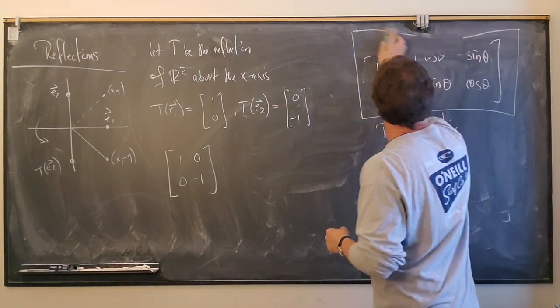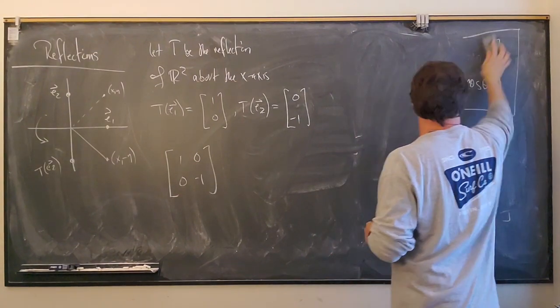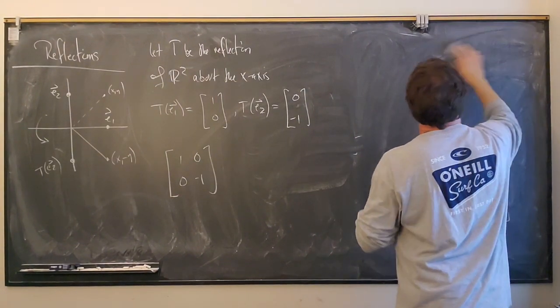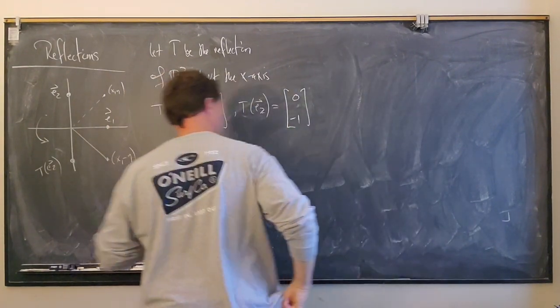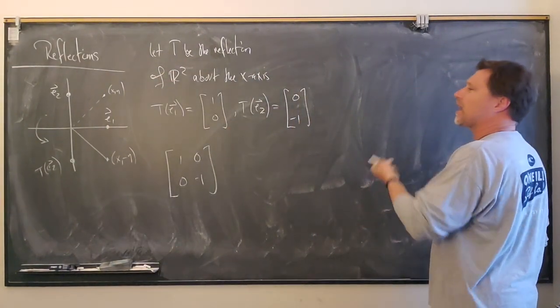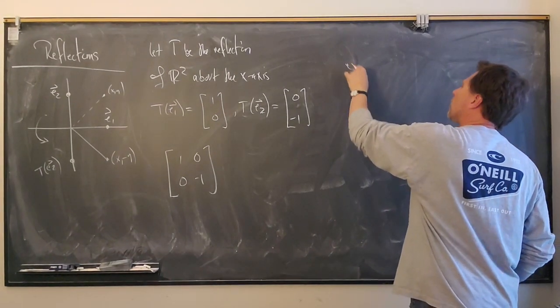Now, there's reflection about the x-axis. I want to do a couple more examples in the plane: reflection about the y-axis, and reflection about the line y equals x. First, let's just leave this as an exercise.